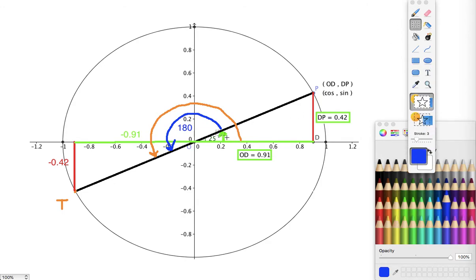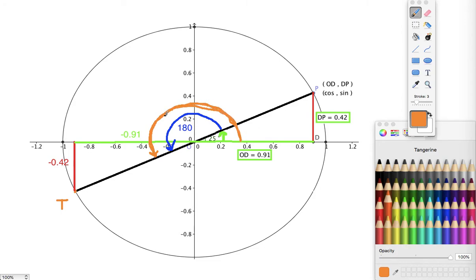So if this right here is 25 degrees, and the black line to the black line is 180 degrees, let me try that one more time.